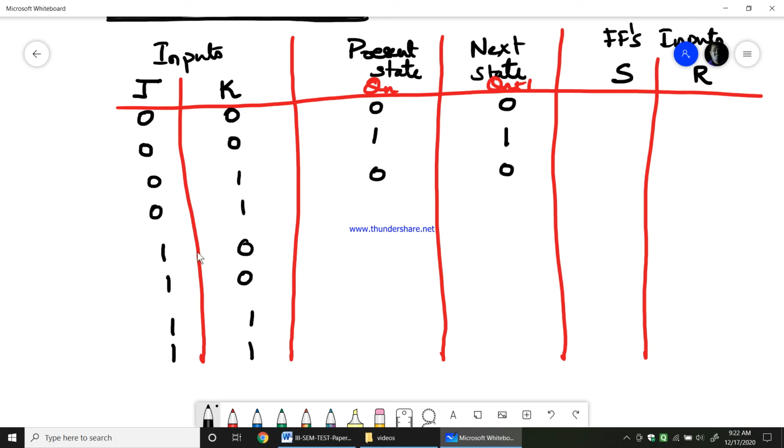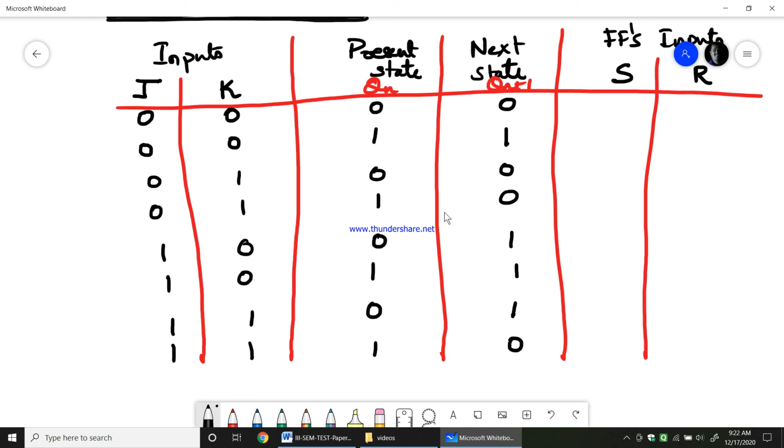When JK is again 0, 1, present state is 1 and next state is 0. When JK is 1, 0, present state is 0, next state is 1. And when 1, 0, present state is 1, next state is 1. Whereas for 1, 1, the present state is 0, next state is 1. And for again 1, 1, the present state is 1, next state is 0.